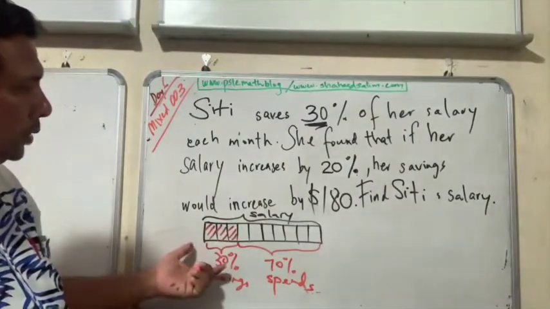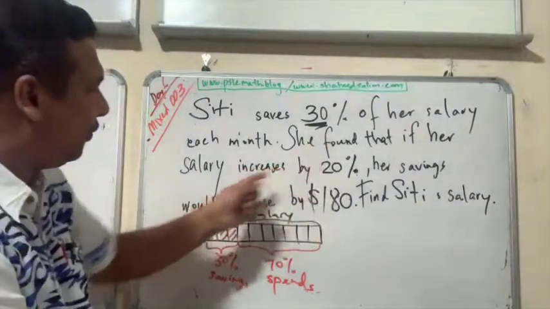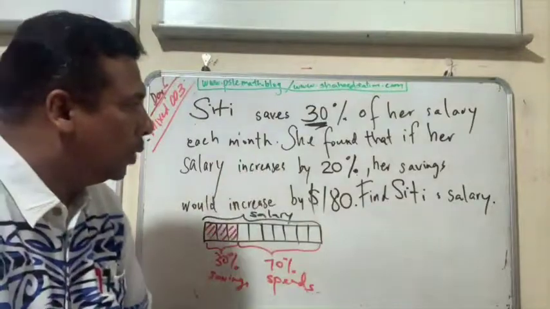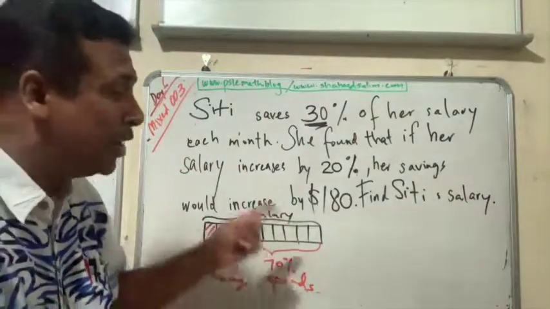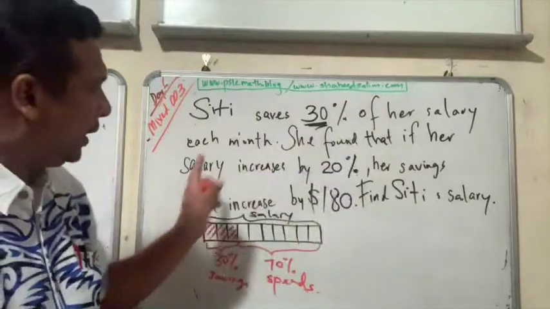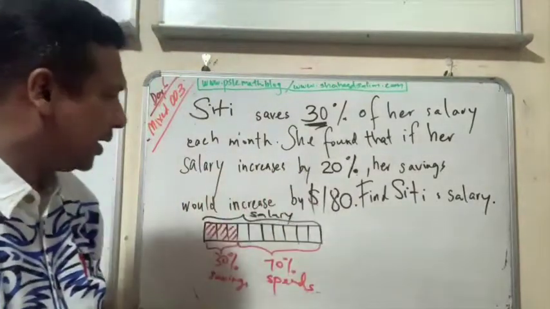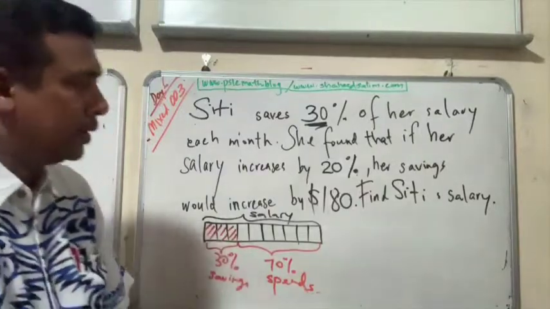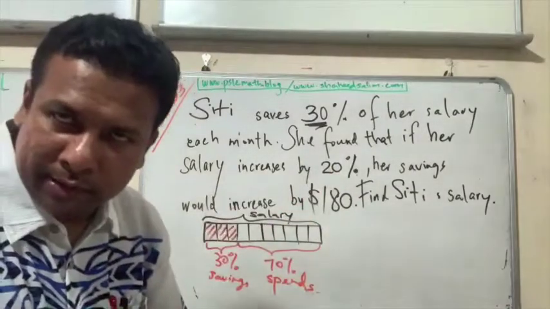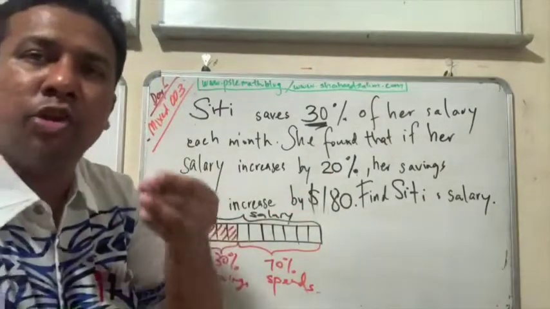Now, the question says, if her salary were to increase by 20%, her salary has not increased. We are given an imaginary situation here. She found out that if her salary increases by 20%, her savings would increase by $180. Her salary has not increased, it is an imaginary situation.